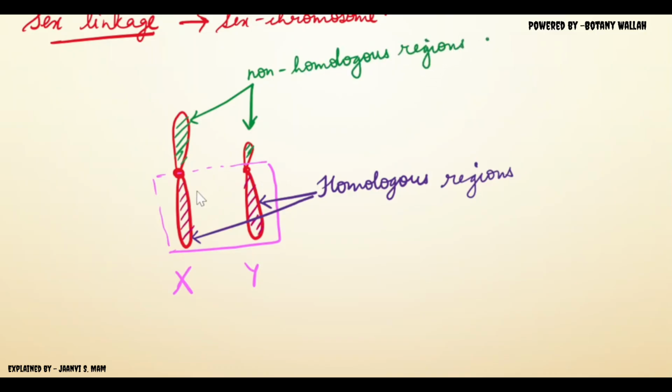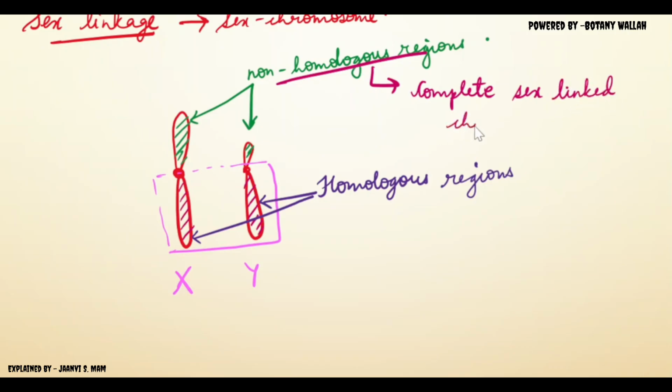Now on the non-homologous chromosome and on the homologous chromosome, there are two different types of genes. On this region which I am pointing to, the non-homologous part, there are complete linked genes, or we can say complete sex linked genes.